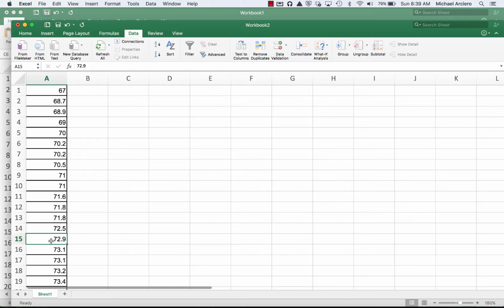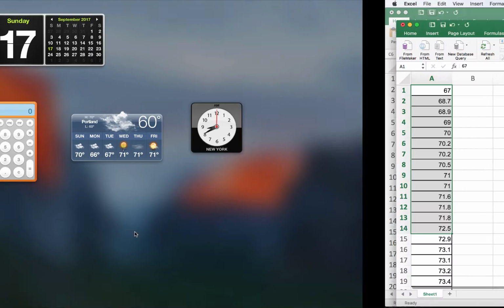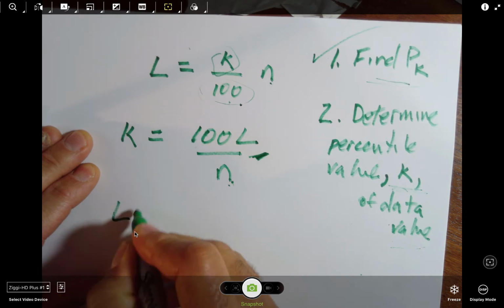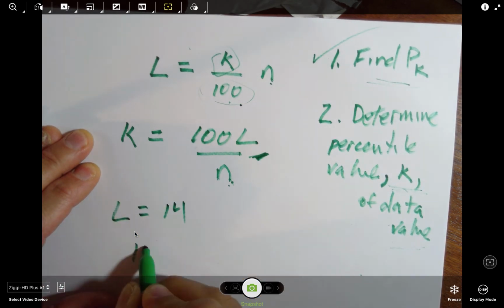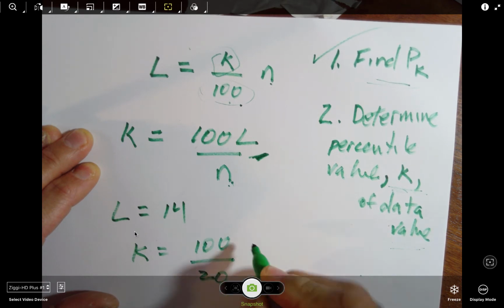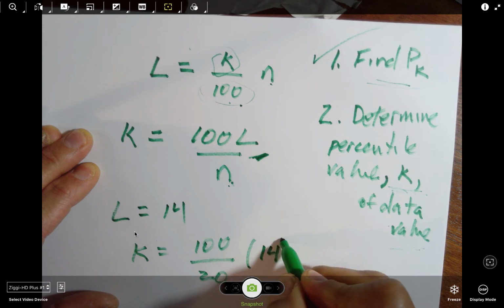Well, what we do is count the number of values less. These are all less, so there are 14 of them. So L is equal to 14, so k is 100 over 20 times 14.